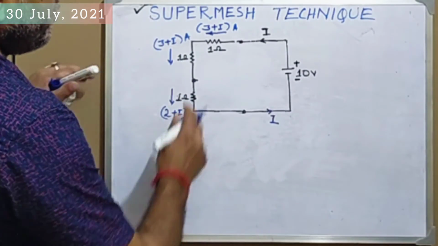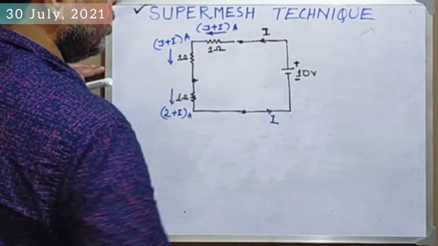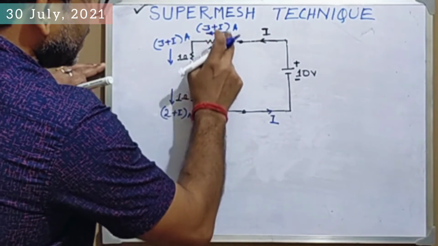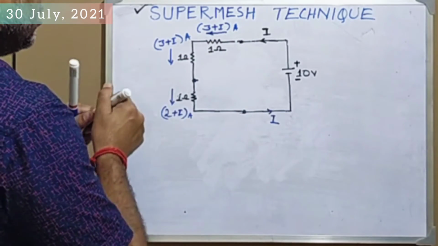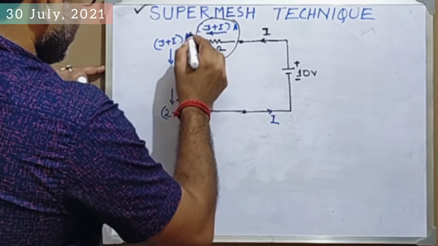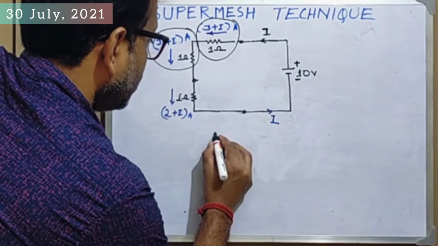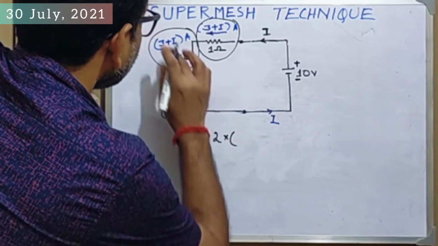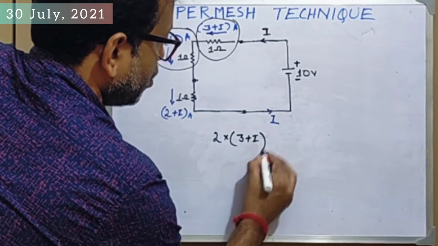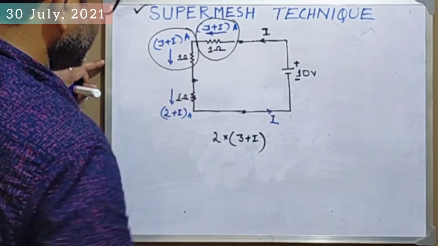If you apply KVL for this circuit, the sum of all the voltages in this particular loop equals 0. So the sum of all the voltages means 1 into this, that is the voltage drop. Across this 1 ohm, the same current is flowing also through this 1 ohm resistance, that means 1 plus 1, that is 2, into 3 plus I. This is the drop across these two individual resistors.